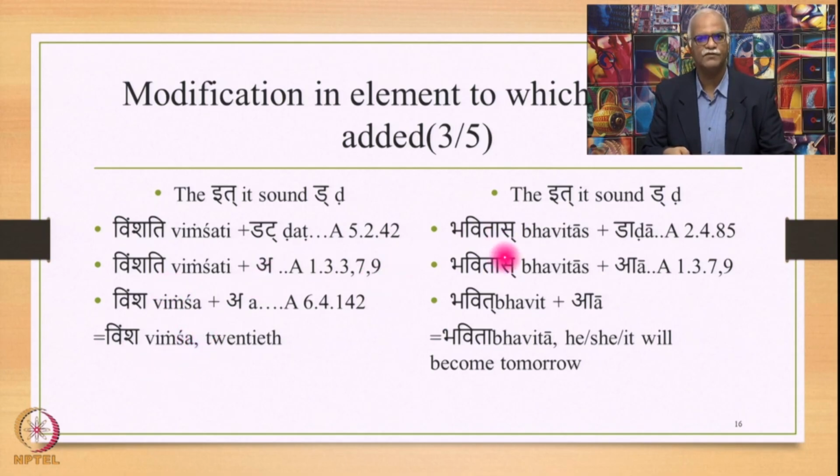Similarly, in case of a verbal root, here we have bhavitas and the suffix is ḍa, and once again applying 1.3.7 and 9, this d will be deleted, and so now we have bhavitas plus a. Now this a is ḍit, and because this is ḍit, this as portion in bhavitas will be deleted and we will get the substitute bhavit and a joined together will get bhavita, that is he, she or it will become tomorrow.